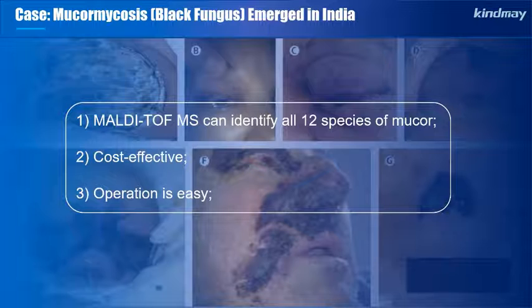Second, for MALDITOF, the cost of the test is effective, but because PCR needs specific reagent, the cost of PCR is not cheap. And the last one is that for MALDITOF, the operation is much easier.